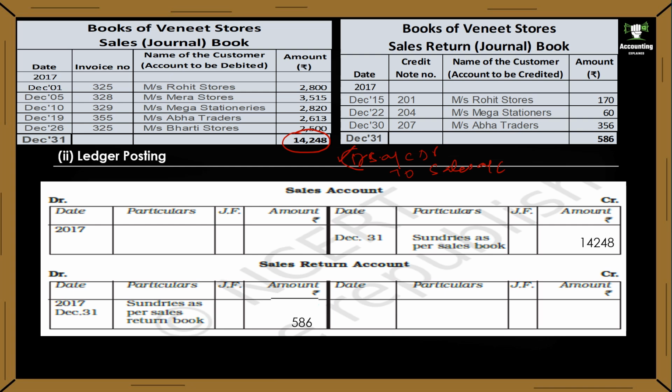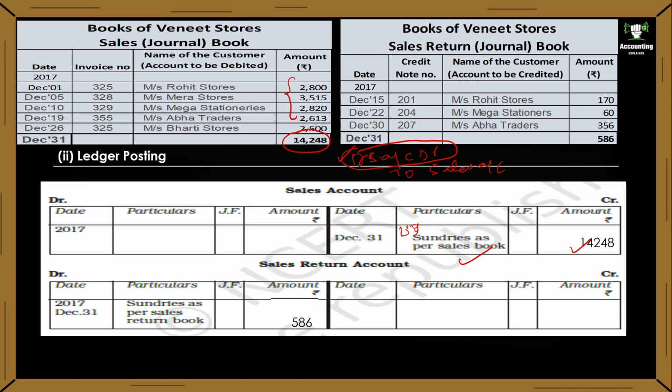Here in the journal debtors is debited, in the ledger it should be credited, right? We will not write each and every debtor separately, because we know each debtor's amount from our sales journal book. What we are going to do is, on the credit side, take all the data together, that is the sales journal book total, and write it as by sundries as per sales book 14,248.